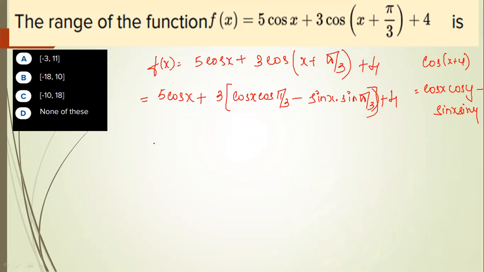So that is 5 cos x plus 3 into cos x into, what is cos pi by 3, students? Cos pi by 3 is cos 60 degrees. What is the value of cos 60 degrees? It is half.